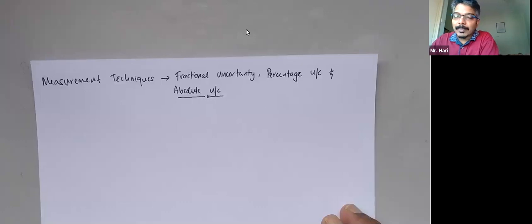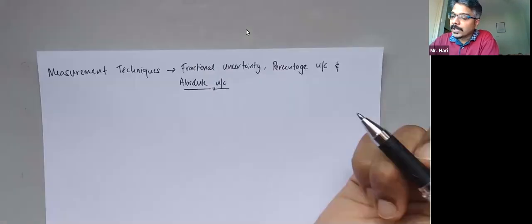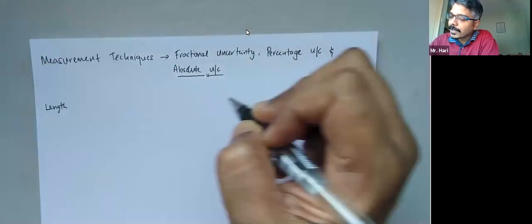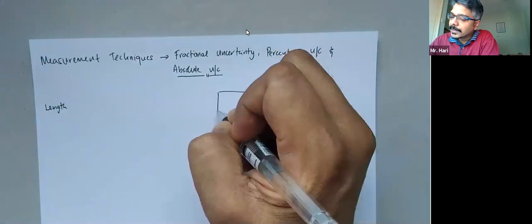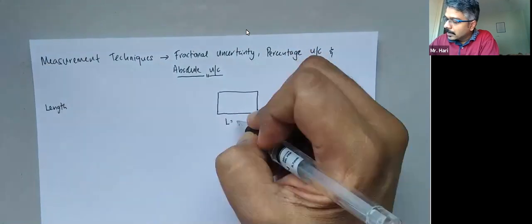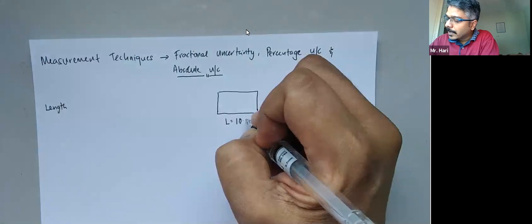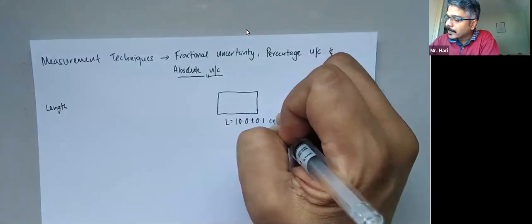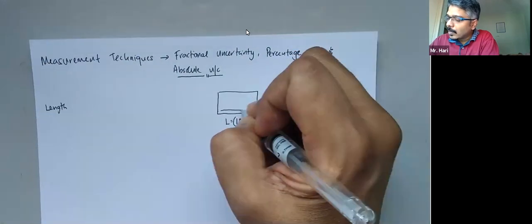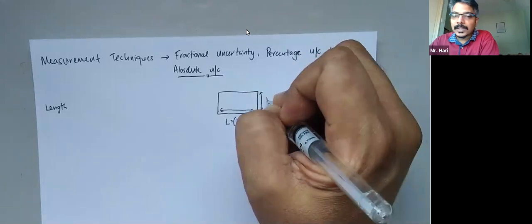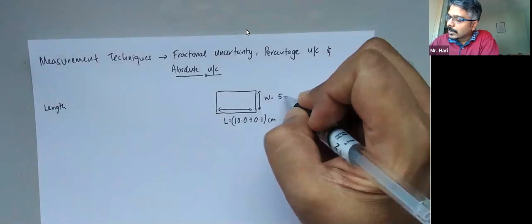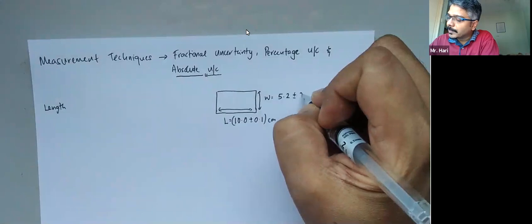Okay, so let's see a particular physical quantity, say length. Let's say we have an object here. Say the length L is 10.0 plus minus 0.1 centimeters, and the width is about 5.2 plus minus 0.1 centimeter.